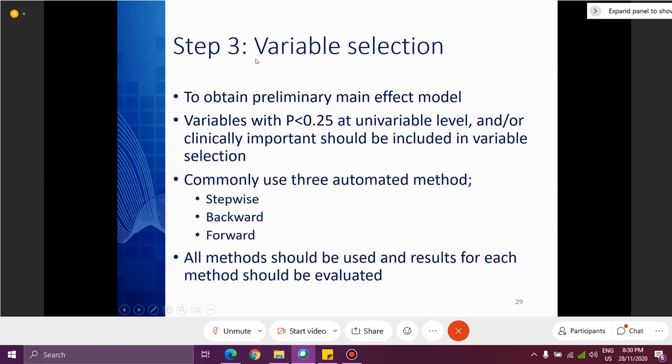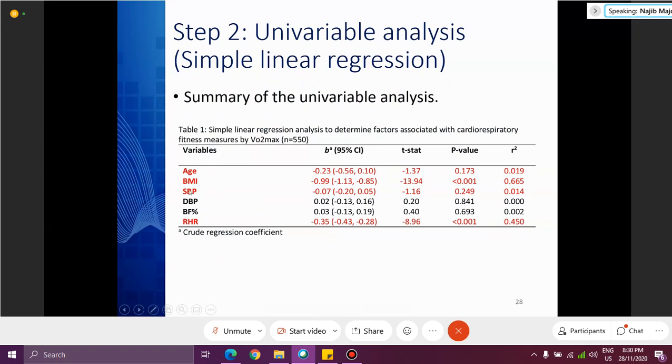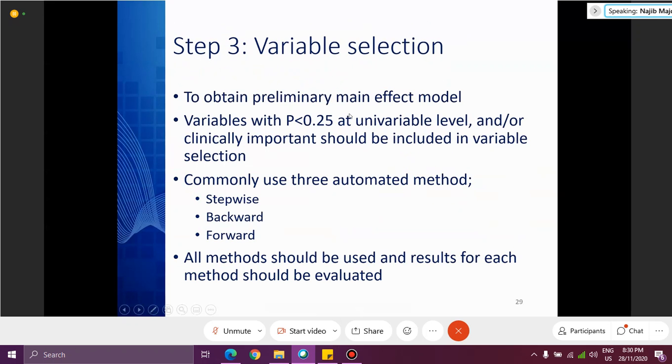Step 3 is variable selection to obtain the preliminary main effect model. It means that you include only part of all these variables in your multivariable analysis, beginning with variable selection. So during variable selection, variables with p of less than 0.25 at univariable level and or clinically important should be included in variable selection.